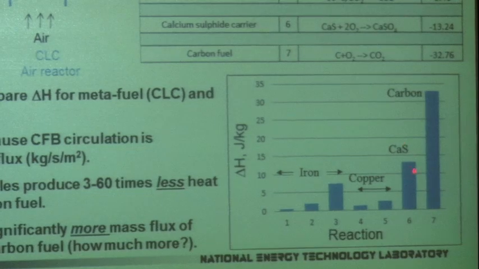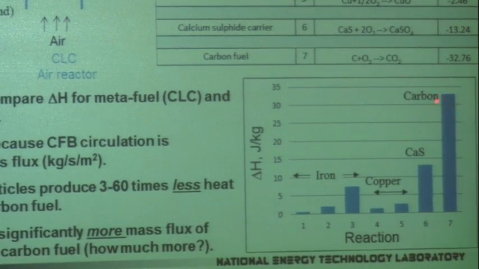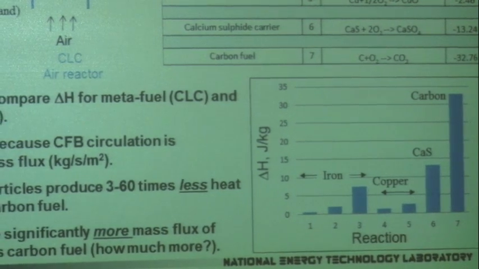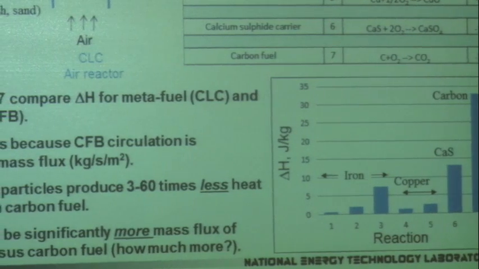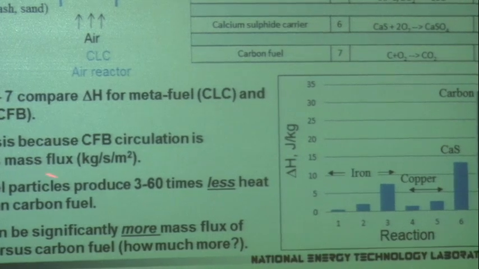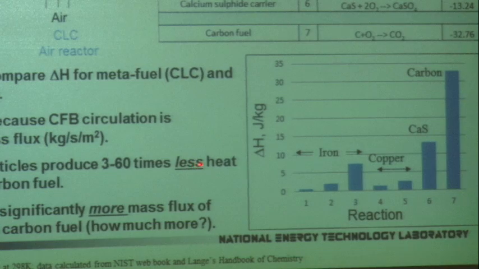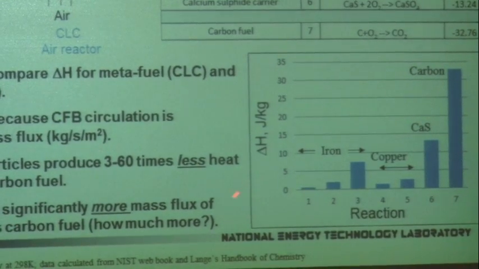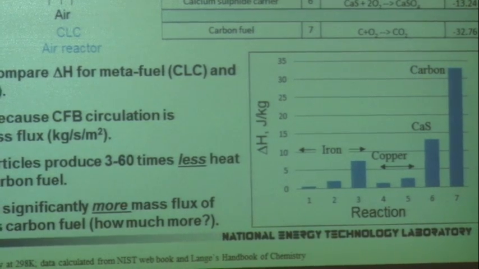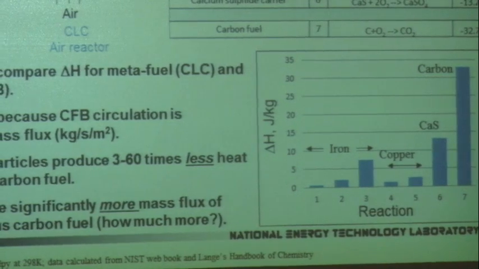Here's calcium sulfide, which I'm going to burn to make sulfate, or carbon. You see right away, well, carbon on a mass basis has a lot more heat release when I burn it compared to some of these other carriers. So these so-called metafuel particles have like 30 to 60 times less heat than over there, but there can be significantly more of them, right? That's what I was showing up here. I don't necessarily have all that dilution.